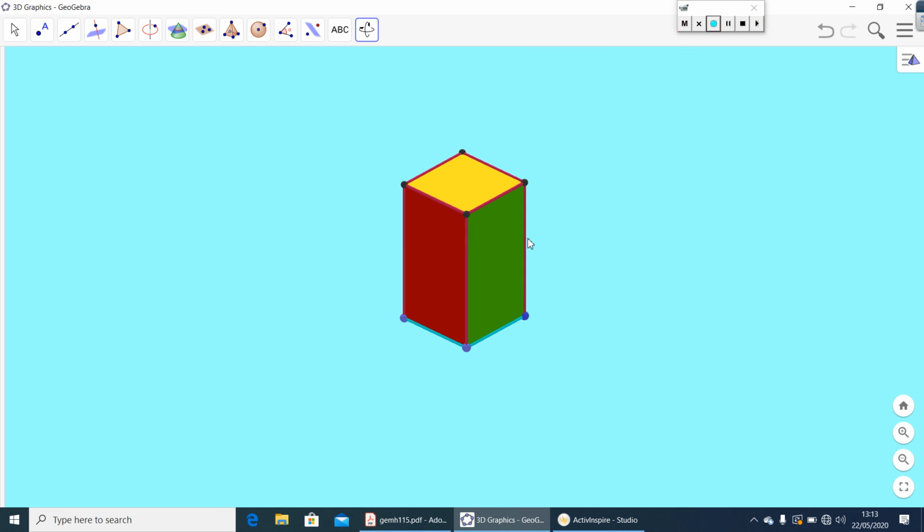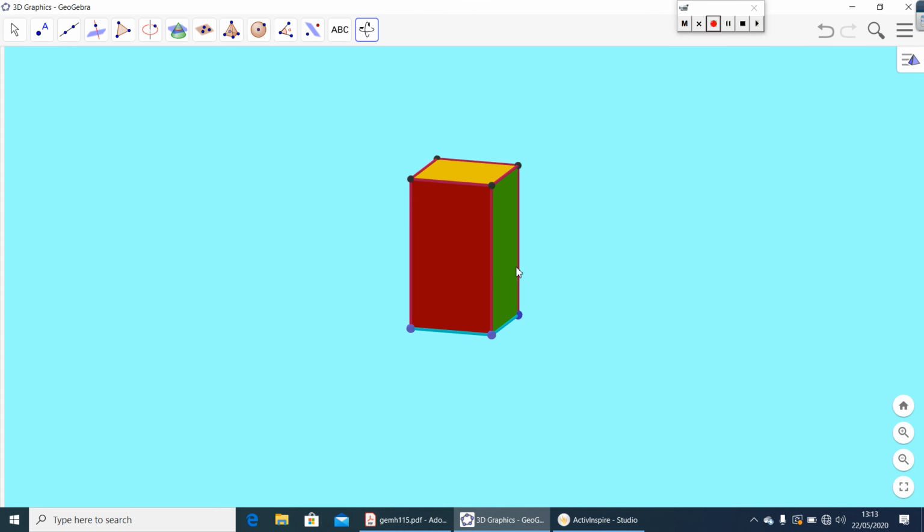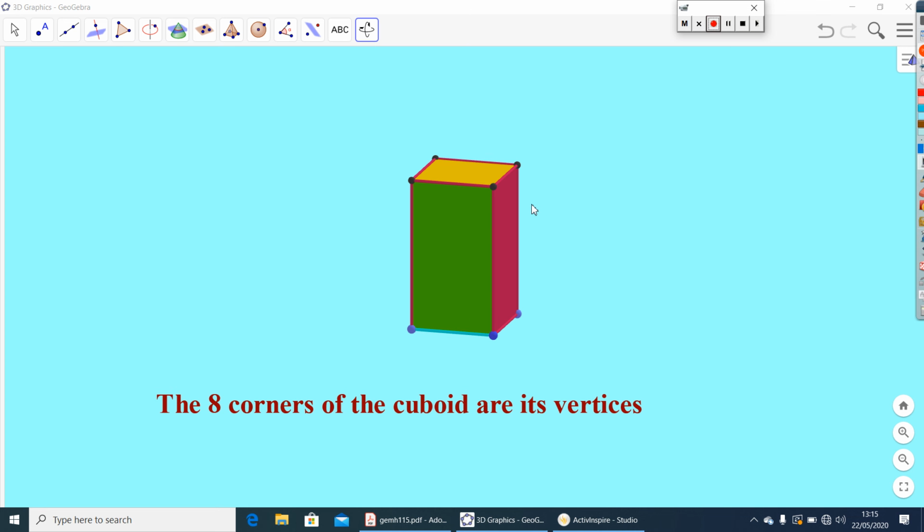You can see 1, 2, 3, 4 on the upside and 1, 2, 3, 4 on the downside. There are 8 corners in a cuboid. So these corners we can call the vertices of the cuboid. So we can write the 8 corners of the cuboid are its vertices.